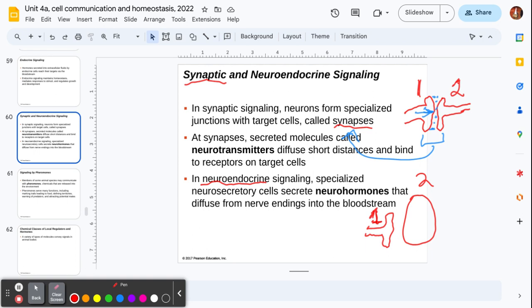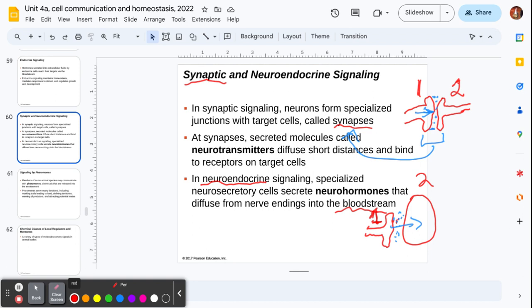But it still releases a molecule, and those molecules are going to be released, and they're going to travel to that target cell. But to get there, they're going to have to go through the bloodstream. Okay. So they're kind of acting like hormones, but they're released from the nervous system, not from the endocrine system.